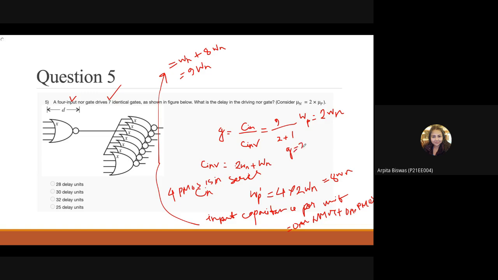Okay, so next I'm writing here. G we have calculated. Now the load capacitance. F equal to G into H, right?